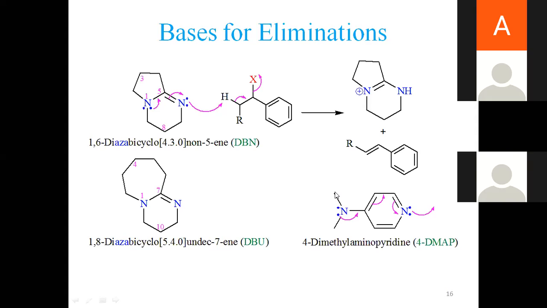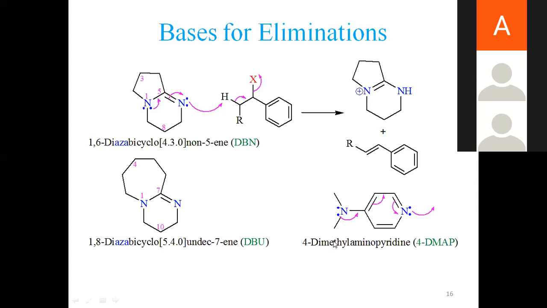So it is a dimethylamino functional group. I have written dimethylaminopyridine; otherwise, you can write 4-dimethylaminoazine. But because it is abbreviated as 4-DMAP, this is the abbreviation we use for this system. This is called 4-DMAP. That's why I retain pyridine here.